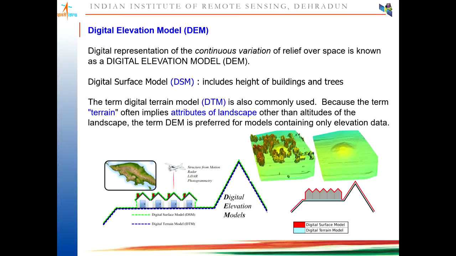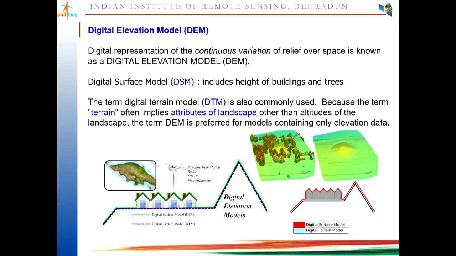Remote sensing data provides the reflectance of the surface, and the surface also includes the heights of buildings, trees, or permanent features. So it is not a pure elevation model, but it generates a digital surface model.